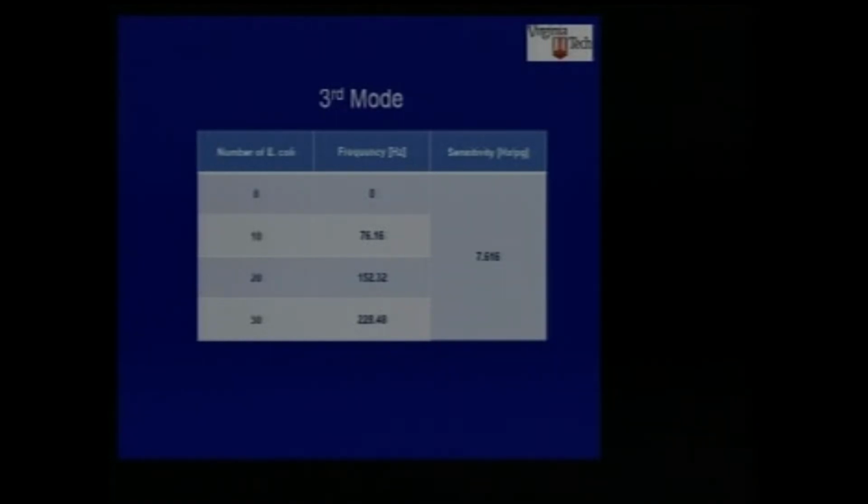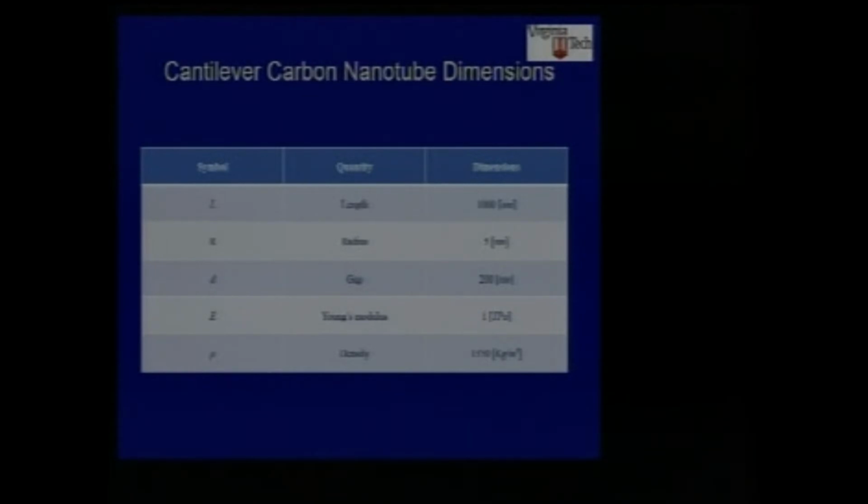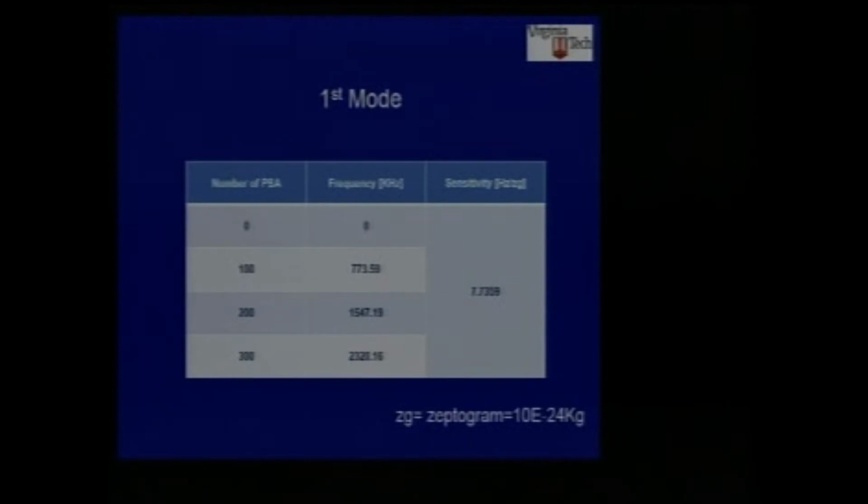Now, if you go to a nanotube, on the other hand, we are talking about different levels. We are talking about a sensitivity of about 8, and that is per zeptogram, which is 10 to the 3 times more, or 10 to the 6.